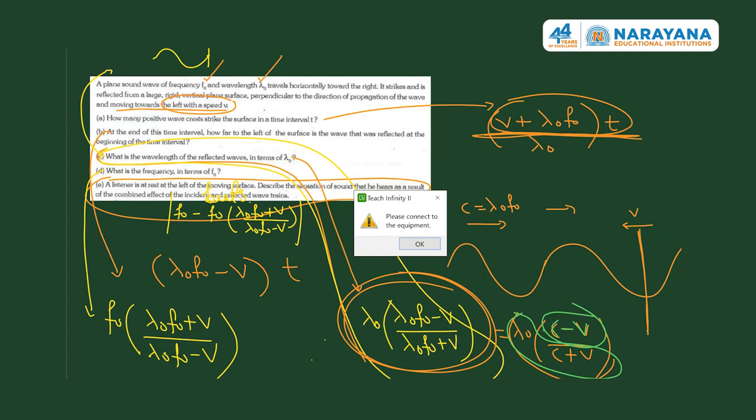Now comes what wavelength I am going to get back. The front will start moving immediately, but by the time the rearmost part starts moving, the wall would have already traveled v forward. So the distance between the front and the end of the pulse, where the end is just touching the wall, is not ct, it is c minus v into t, because the wall is also moving forward a distance of vt.